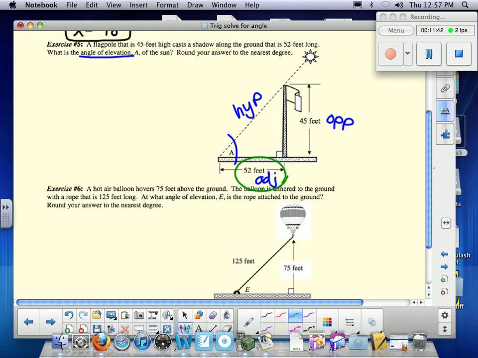Pick. The tangent, right? So 41. You can use the x or you can use the A that's in the picture, your choice. And again, you're rounding to the nearest degree. Yes, Tyler, you're correct.